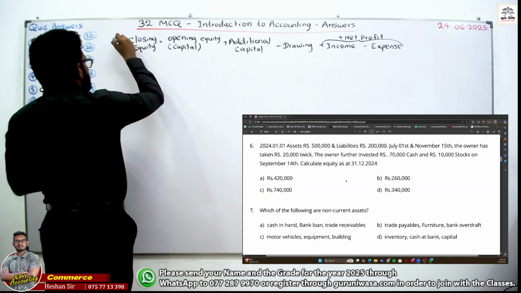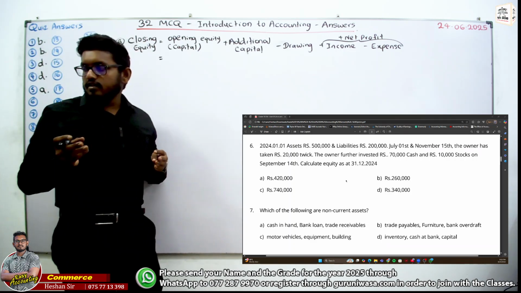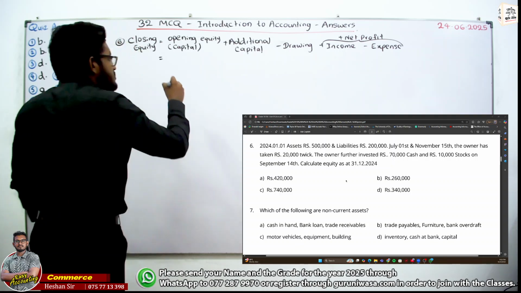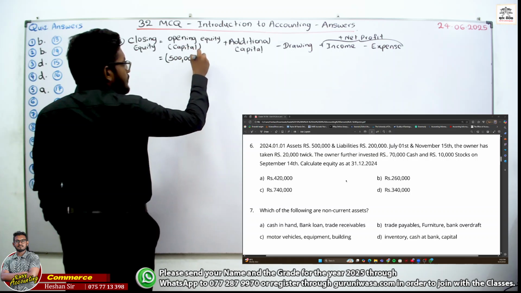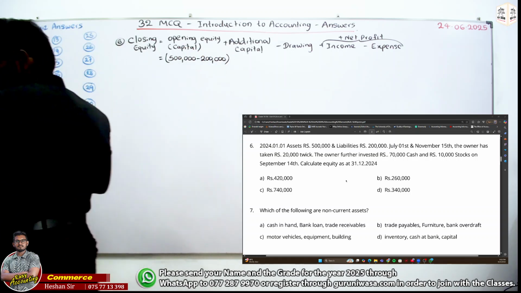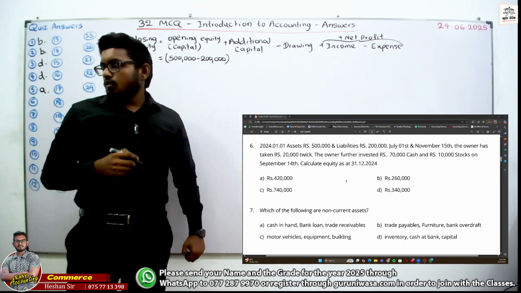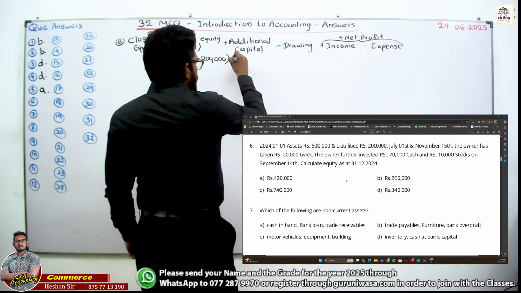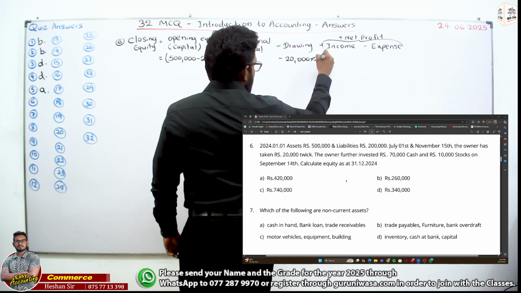Number 6. When we are calculating the opening equity, there is no information, but opening assets and liabilities have been given. So once we deduct opening liabilities from assets, we can calculate the opening equity or the capital. Easy scenario. Assets minus liabilities. Right? So the owner has taken 20,000 twice, which means drawings are 20,000 into 2.